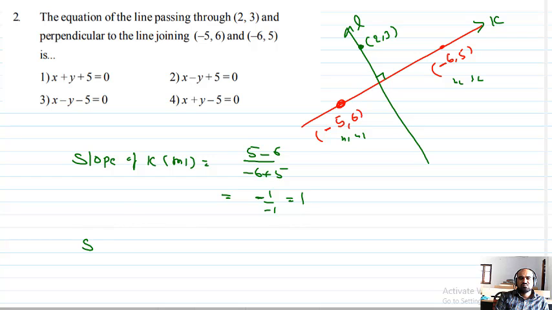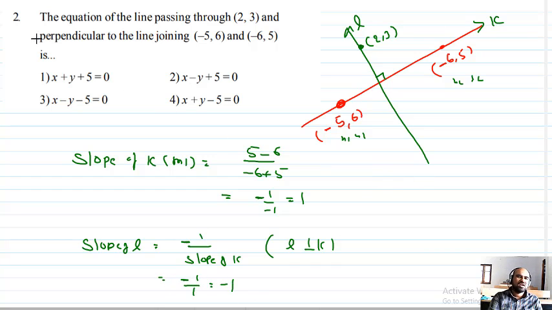Okay, slope of L equal to minus 1 by slope of K. What is the reason? L is perpendicular to K. That is minus 1 by 1, that is equal to minus 1. Now we have the slope of L and point, you can find its equation. Okay.